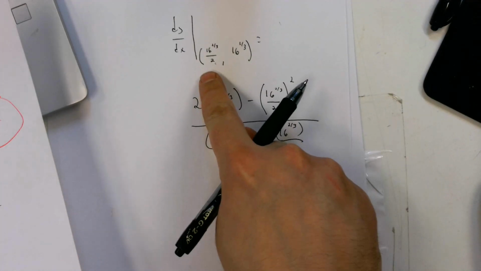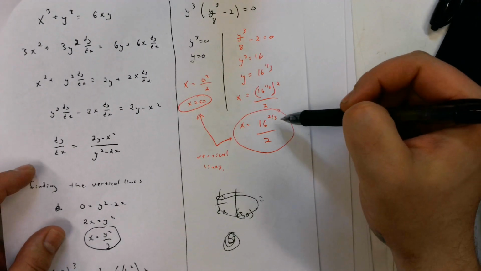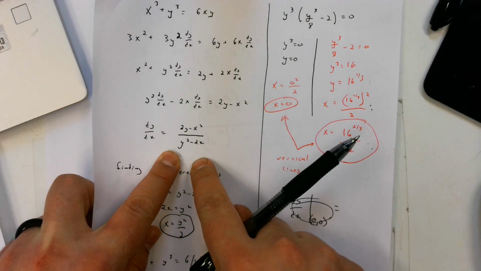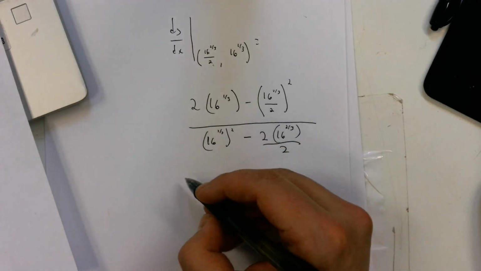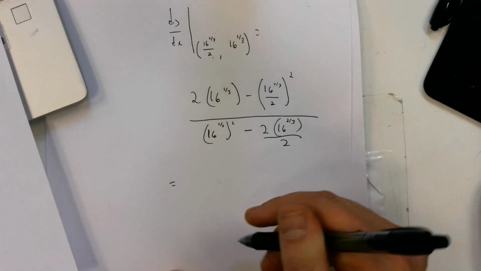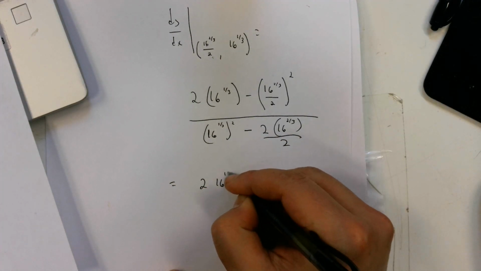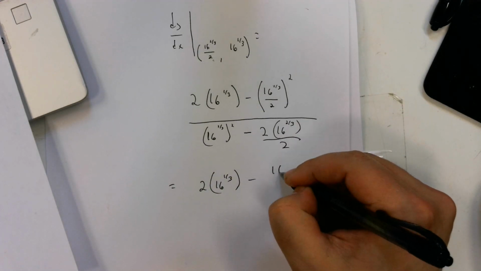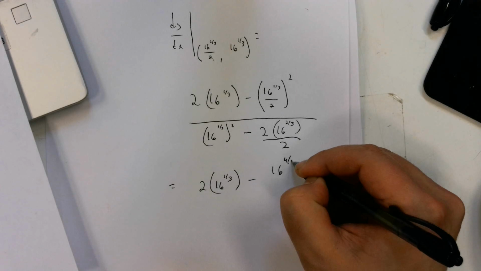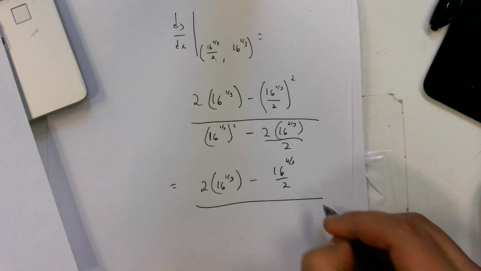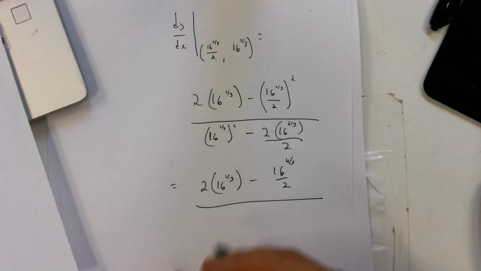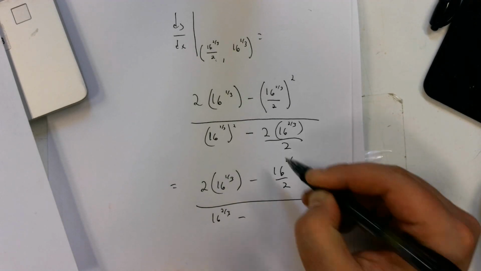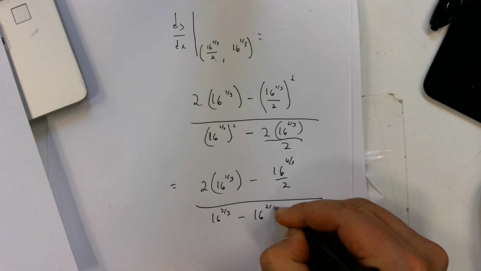All I did was I plugged in this coordinate back into my derivative. 2 times 16 to the 2/3 is just some number. This is now 16 to the 4/3 over 2. We don't know what this is, this is just some number. That's fine. Those twos cancel, 16 to the 2/3.